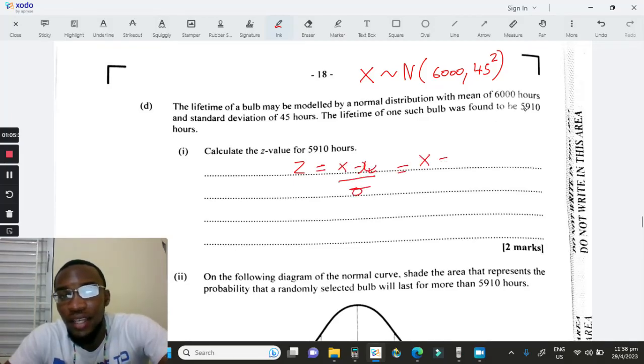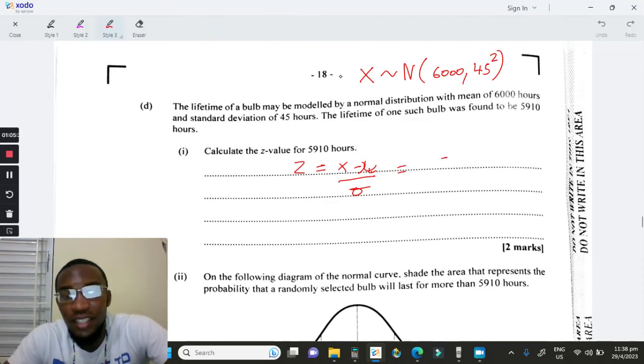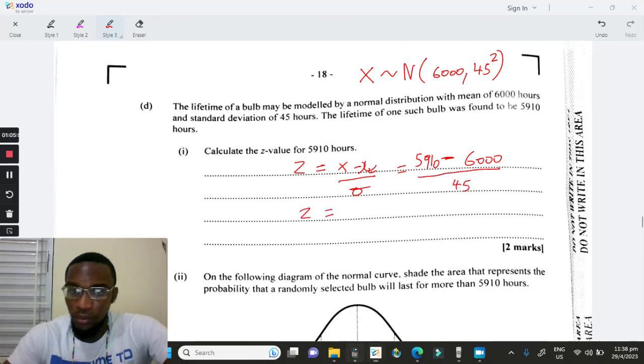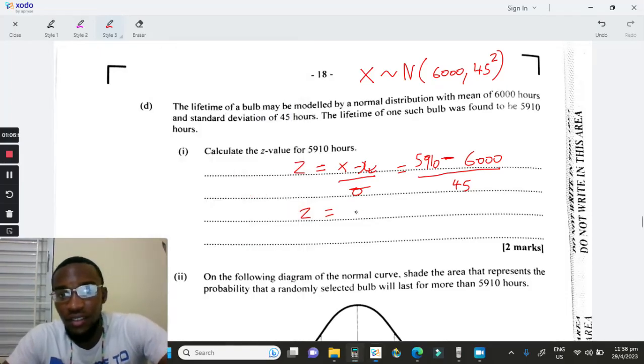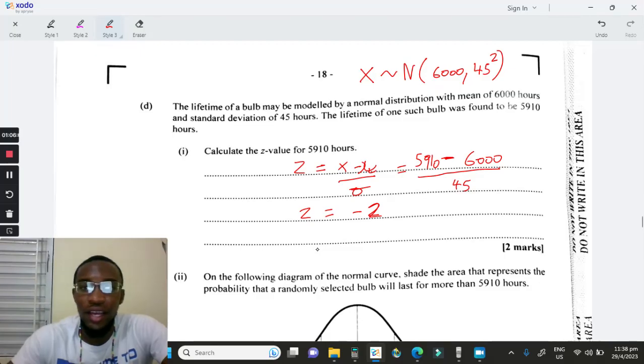So 5,910 minus the mean, 6,000, over the standard deviation, 45. Pump that into the calculator. The z-value is -2. Nice.